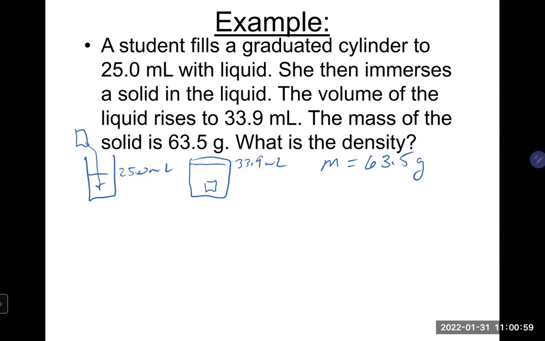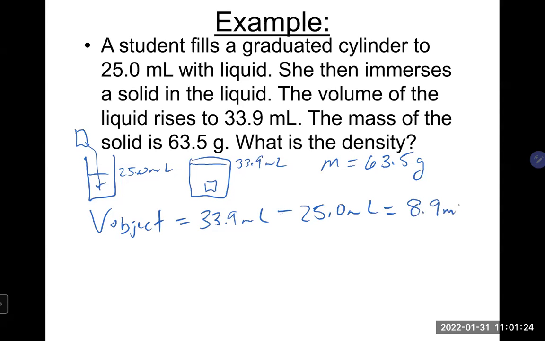So we can determine the volume by displacement here. So volume of our object would be our final volume, which was 33.9 milliliters, minus our initial, which was 25 milliliters. And if we do all that good math there, looks like 8.9 milliliters.